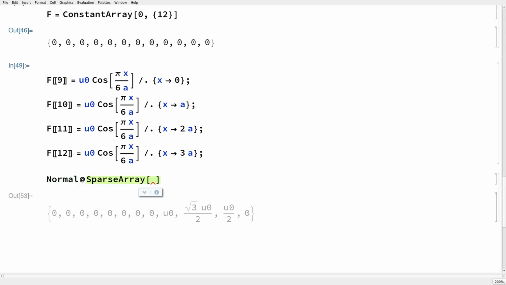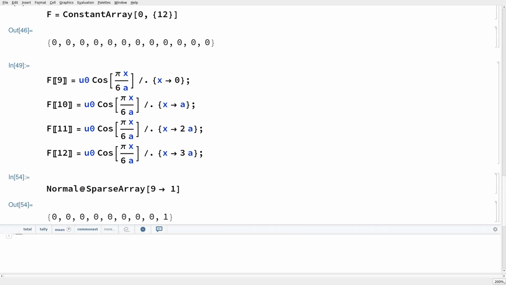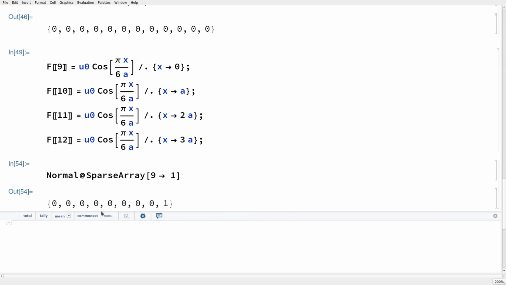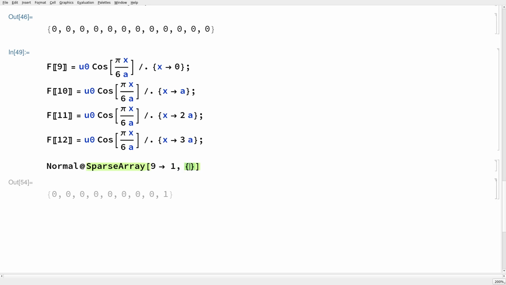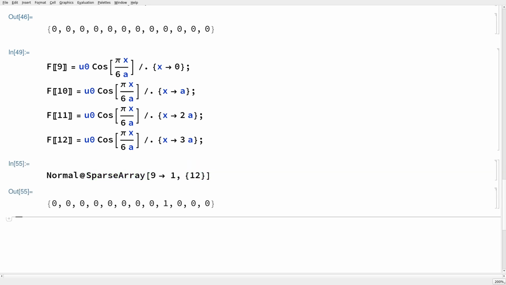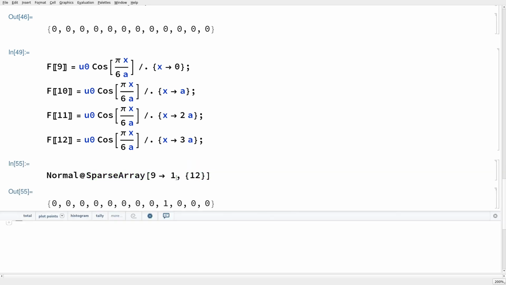With a sparse array, I just have to specify that I want element 9 to be equal to 1 and all the rest zeros. So see how that works? I guess I need to specify that the total array length is 12. So I get element 9 is equal to 0.